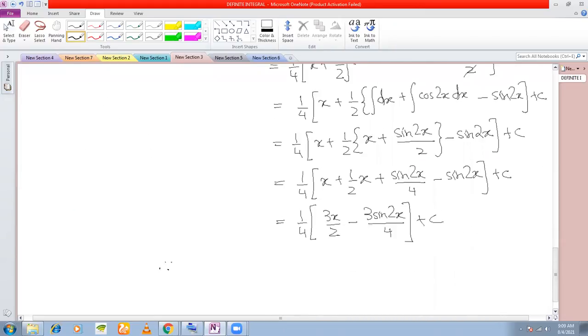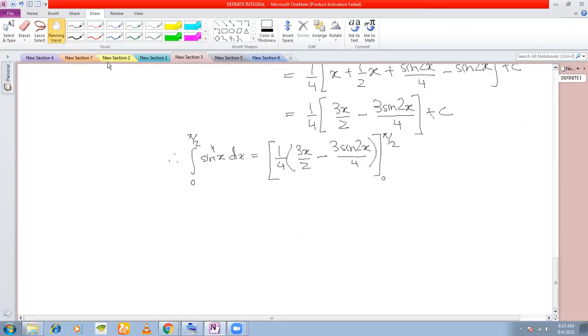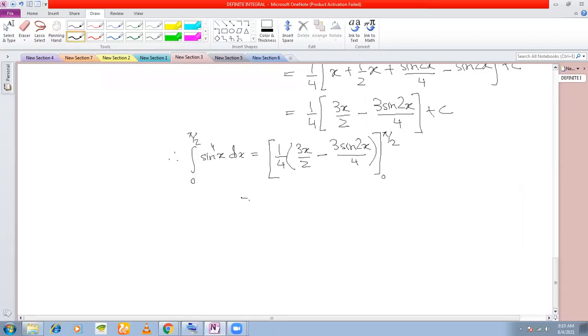So therefore, integral 0 to pi by 2 of sin to the power of 4x dx is equal to 1/4 of 3x by 2 minus 3 sin 2x by 4, evaluated between the limits 0 to pi by 2. You take 1/4 out.